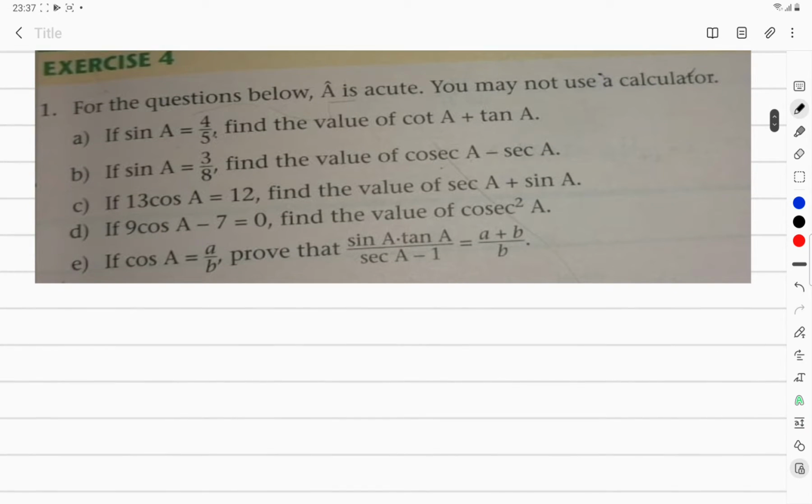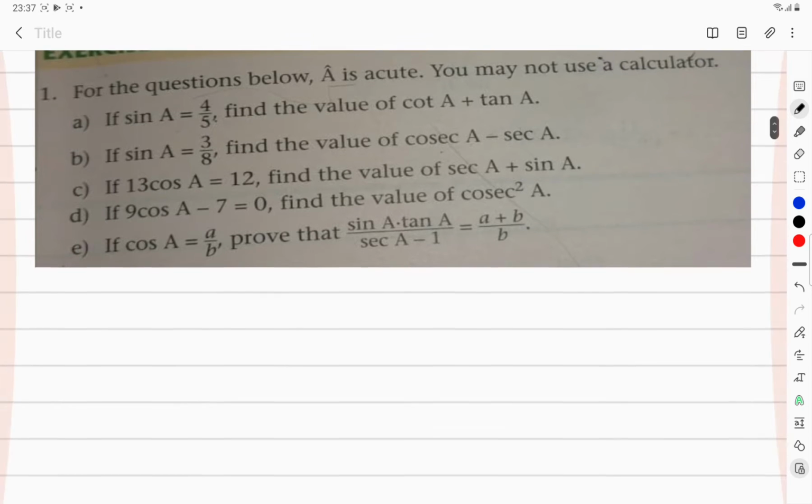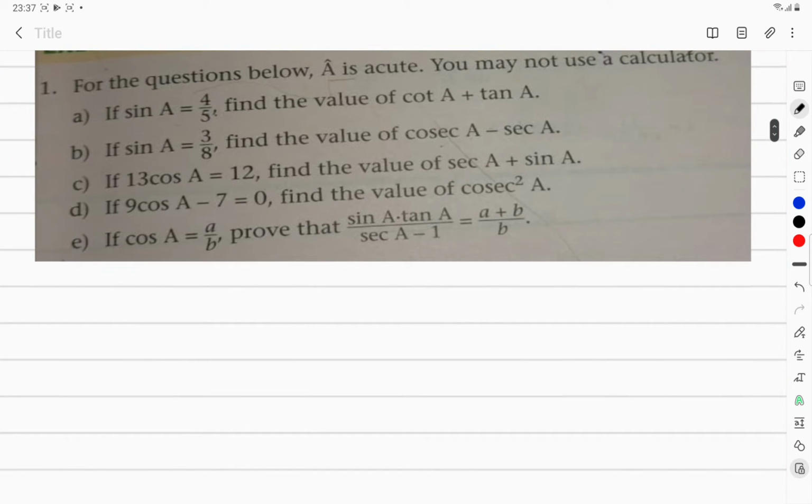We're given that sine A equals 4 over 5, and we need to find cot A plus tan A. So we'll start here with sine A, which equals 4 over 5.